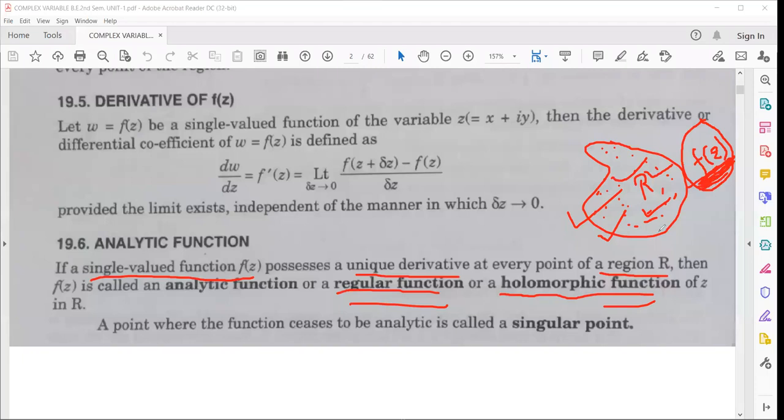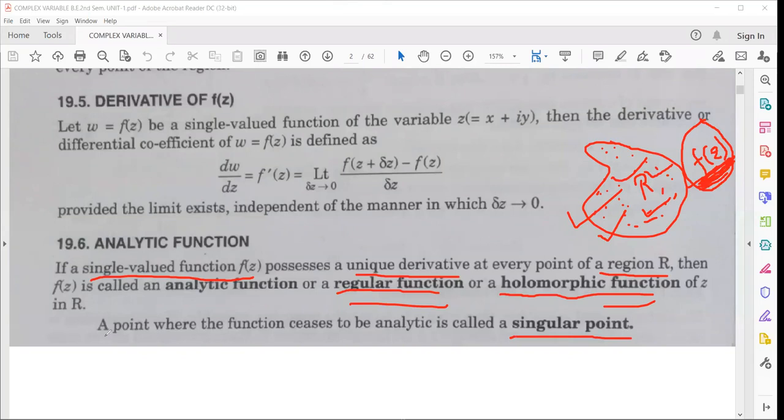But if you find some point where the derivative of the function f z does not exist, then in that case f z is not analytic in the region R. And the point where you find that the function is not analytic is called your singular point.